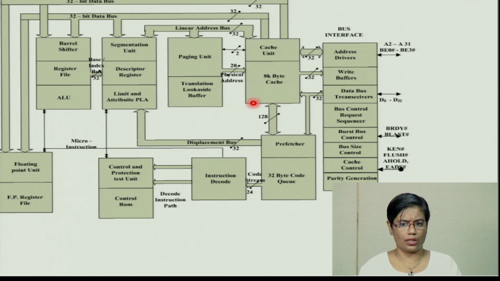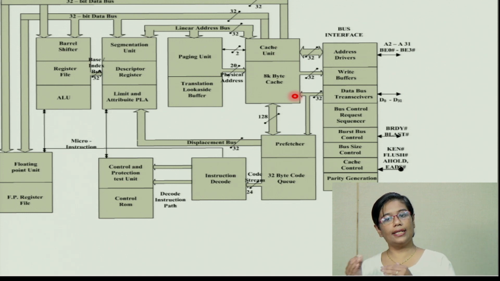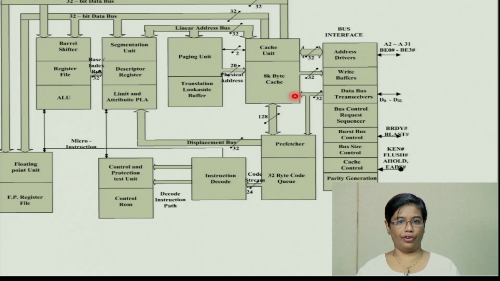All Intel processors now have multiple caches and multiple levels of caches present within them. So about 8 kilobytes of cache is available internally in 80486. This is again different from the 386 processor. Then what else is different? There is also the floating point unit available in 80486.